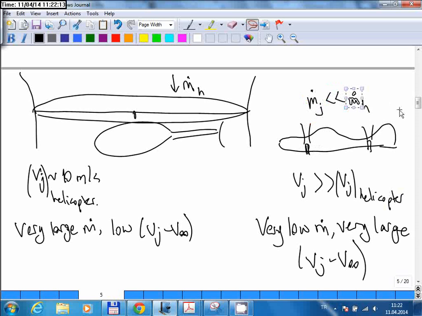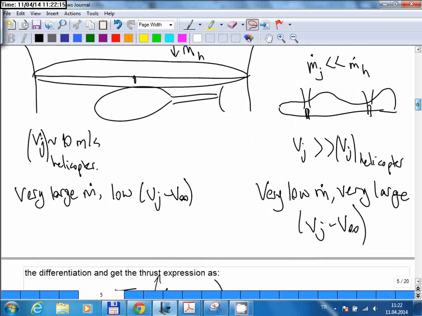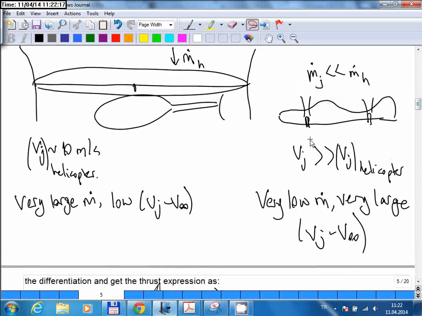You can still get very large thrust force, and the way to do that is to give the air a very large acceleration. In the case of the helicopter, the speed increase is only 10 meters per second, but for the Harrier, I don't have an exact number, but it's on the order of 100 meters per second or even more.